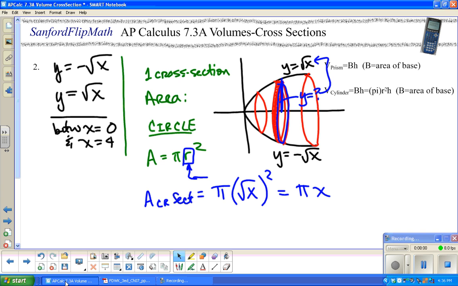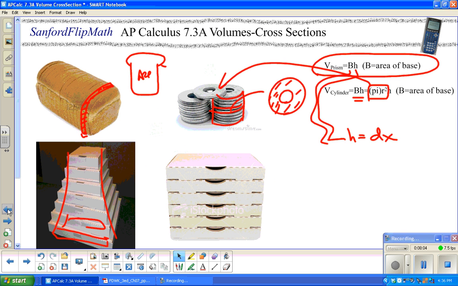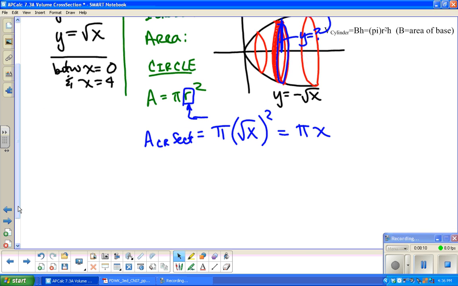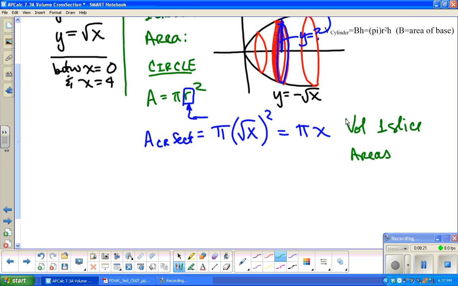So what I'm saying, based on my little loaf of bread picture, is if I added up the volume of every one of those slices, well, I'm telling you that the volume of one slice is the area of that cross section times the thickness of that cross section, and I'm telling you that the thickness is dx.